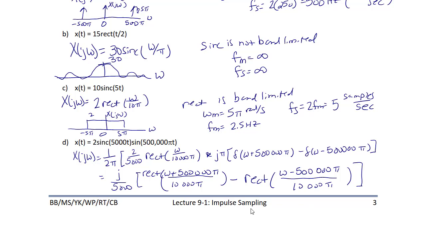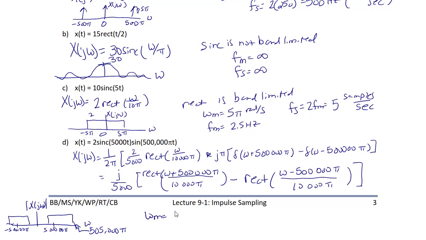divided by 10,000 pi. And so if we make a sketch of this, it would look something like the following. The magnitude of x of j omega would be 2 rects, one centered at negative 500,000 pi, one centered at 500,000 pi, which makes this maximum value here 505,000 pi.